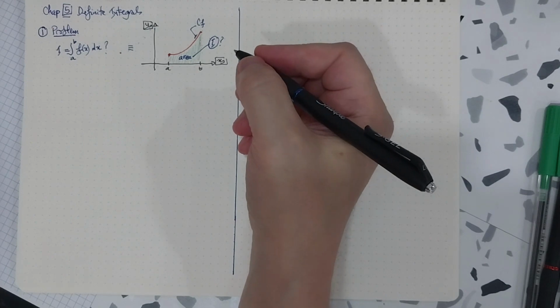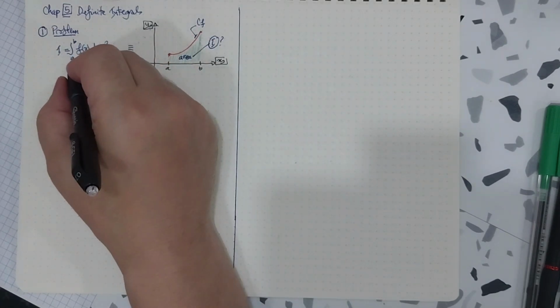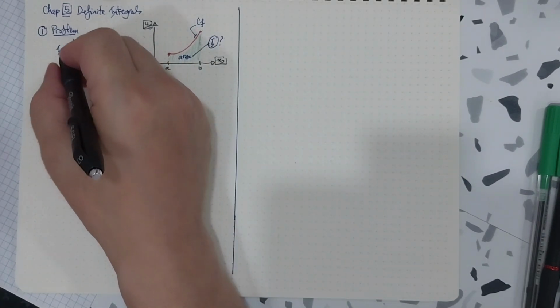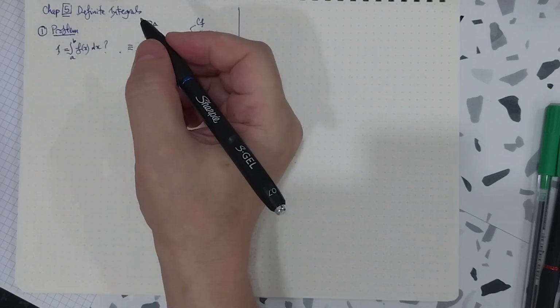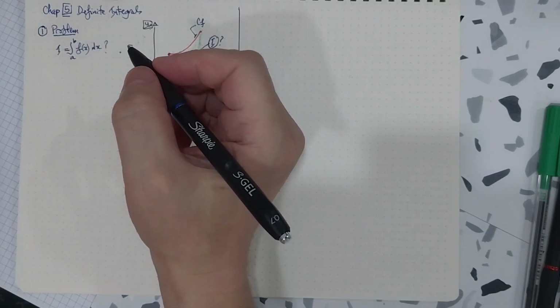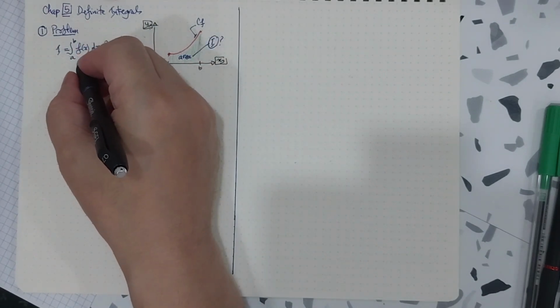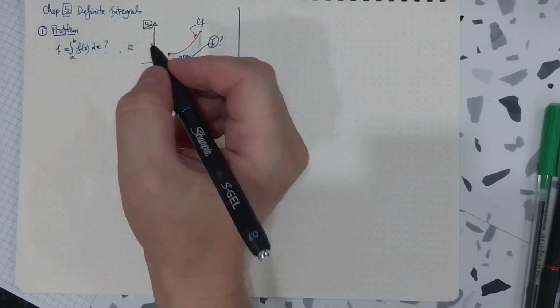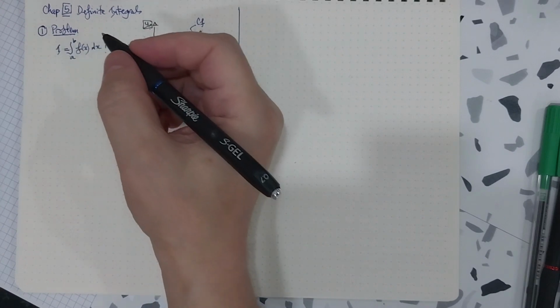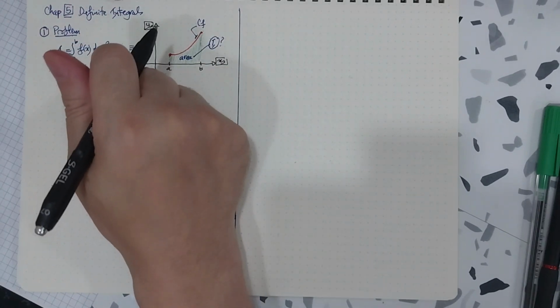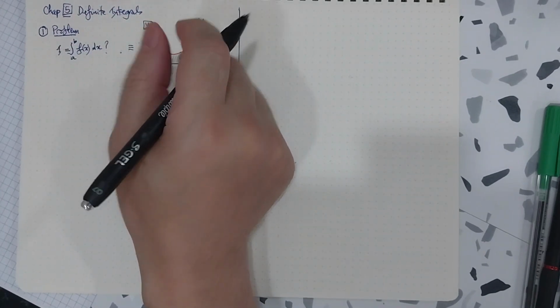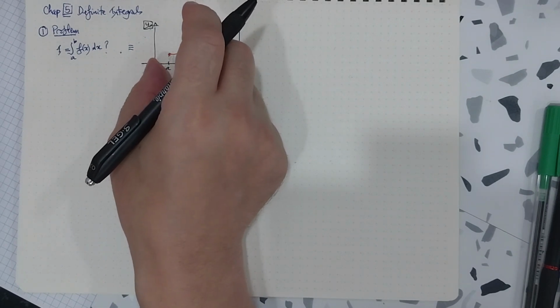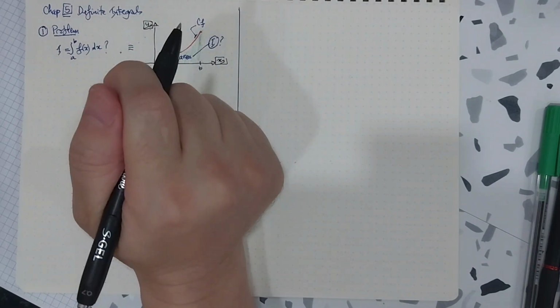How to do that numerically? When the function is simple, you can of course integrate it analytically and find the result. But often the integral is very difficult to calculate. So the methods we study in this chapter make it possible to calculate it numerically, with an error, of course.